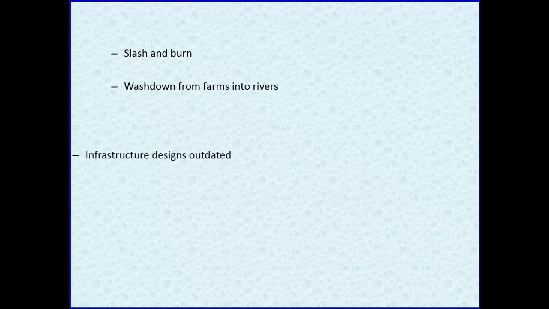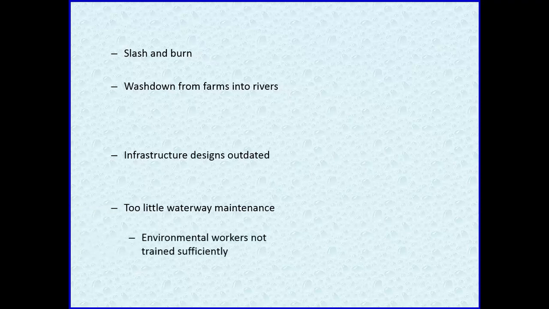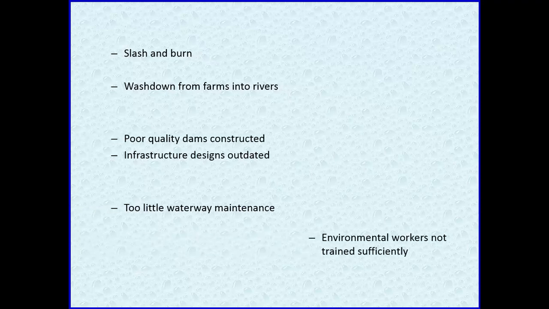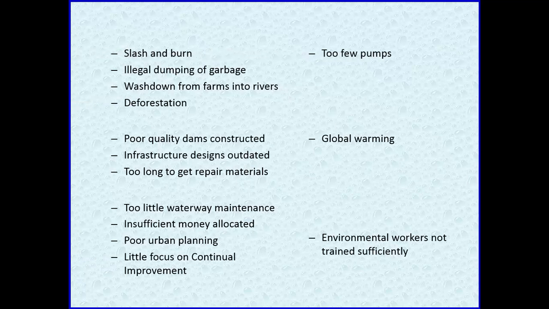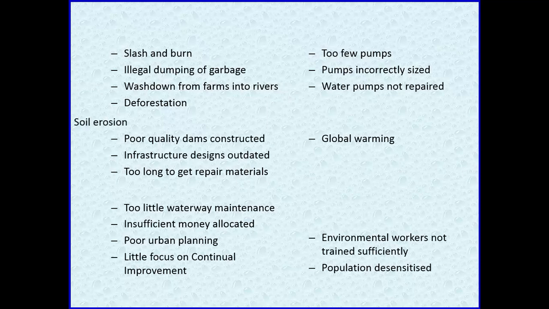Flooding can be caused by bad practices such as slash and burn, wash down from farms into rivers. It can be caused by infrastructure problems. It can be caused by poor maintenance. It can be caused by lack of training, poor planning, global warming and environmental issues, maintenance and material issues, and so on.